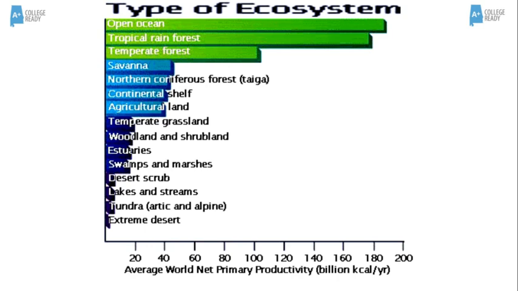This graph also shows the average net primary productivity for different types of ecosystems. So, we can conclude that energy transformations are important factors in determining how productive ecosystems can be.